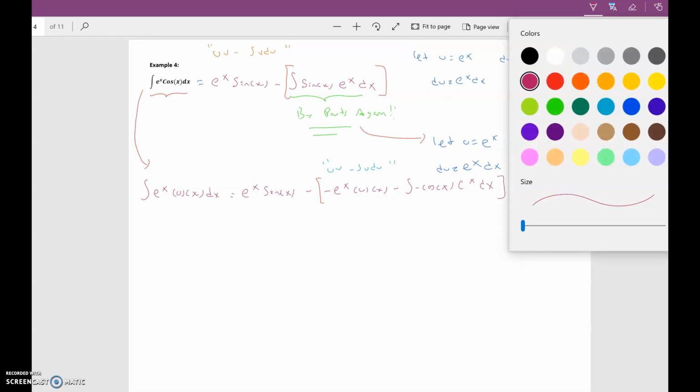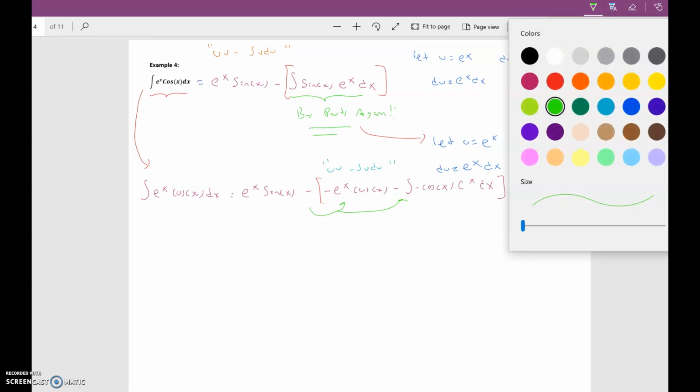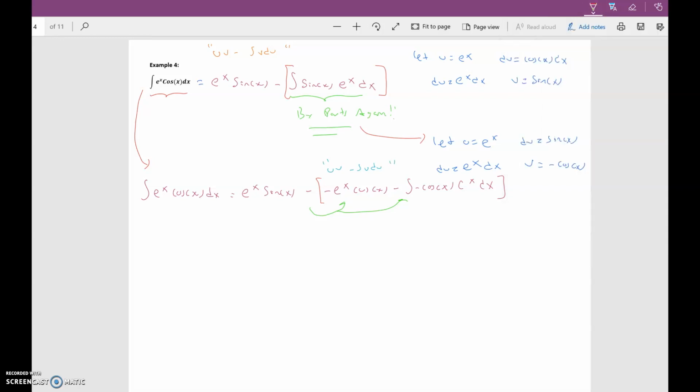And before this gets any messier, let me distribute the actual negative into these two. So let me rewrite the whole line because we need it.